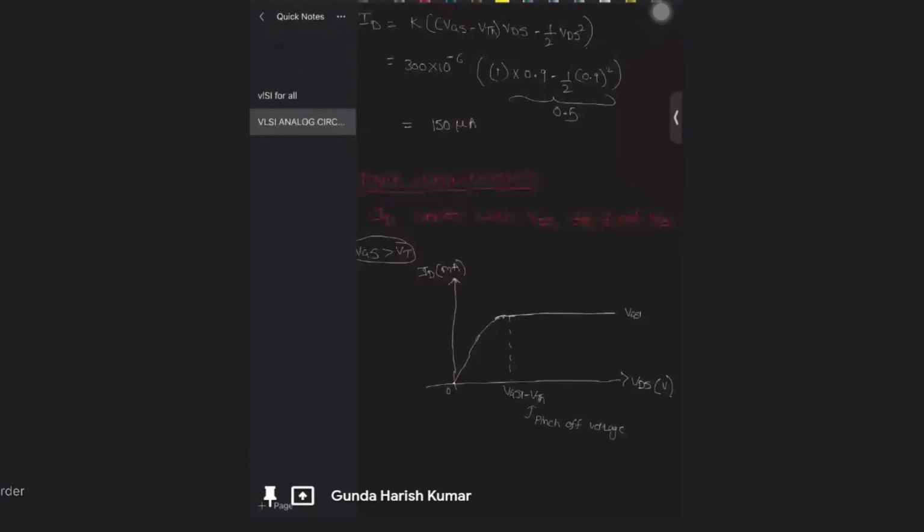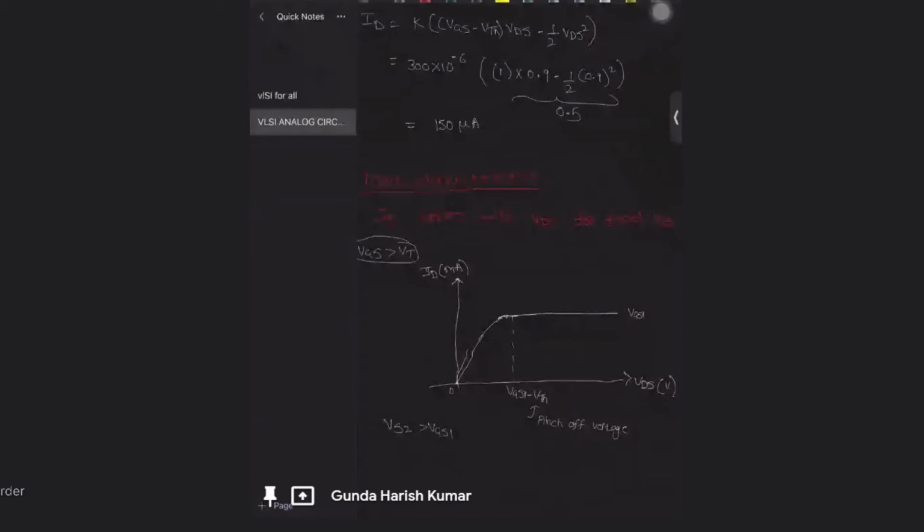Now if I change my VGS, suppose VGS2, and VGS2 is greater than VGS1, my current will have a larger slope because it is directly proportional to VGS in the triode and the saturation region, and it will increase like this, VGS2.